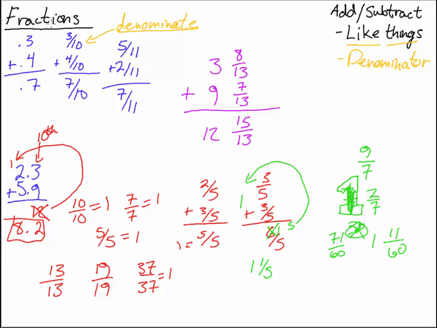But notice what can happen on this 15/13. 13 of these guys come over here, and actually we should add a 1 there. So we really get 13, and let me see, we're at 15, take away 13, 2/13. So there you have it. There's adding fractions even with regrouping.